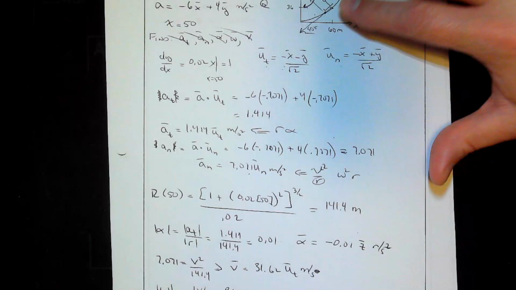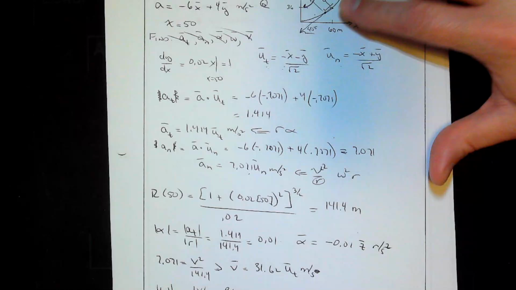So we're going to have minus 6, and the x coordinate over here is minus 1 over the root of 2, which is minus 0.7071. Then we take the y, and we get plus 4, also times minus 0.7071. We multiply all that out and we get 1.414, which is positive.